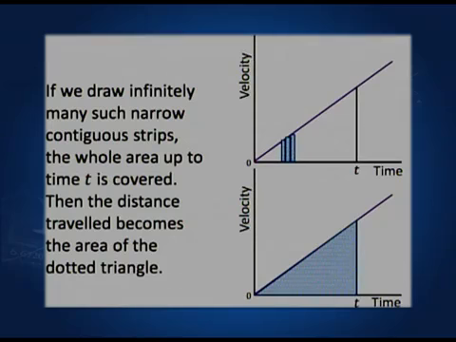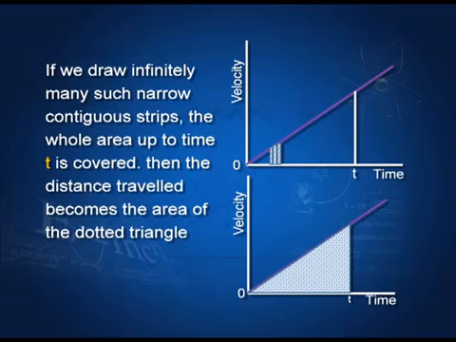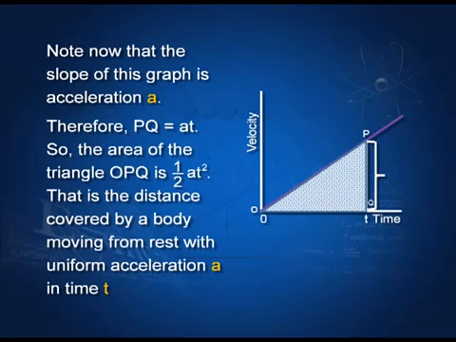That means the total area would be equal to the distance covered, as we have shown here by covering this triangle by this mesh. So, the distance covered is equal to the area of this triangle. In general, the distance covered is equal to the area under the velocity time graph.